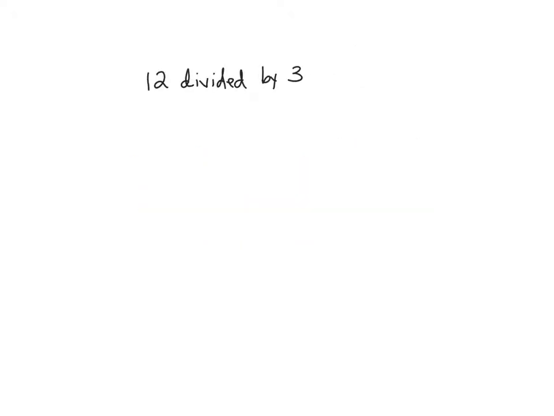So what does 12 divided by 3 mean? It really means that you have 12 things and you want to divide them into 3 different groups. So I'm going to make 3 different circles, and if I have 12 things and I want to divide them equally among 3 different groups, I'm going to start by putting 1 into every group, which is 3 different things.